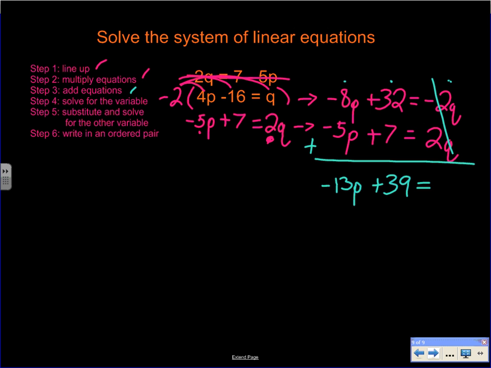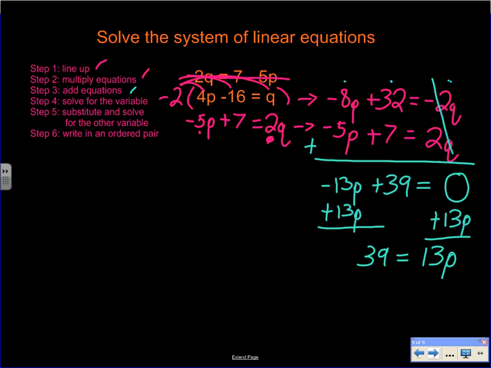A lot of times you guys want to leave that blank, but remember there still has to be a number on the right side of the equal sign, and that number would be 0. So let's try to get p by itself. You could subtract 39, or you could add 13p to both sides. I add 13p so I can get rid of that negative sign.